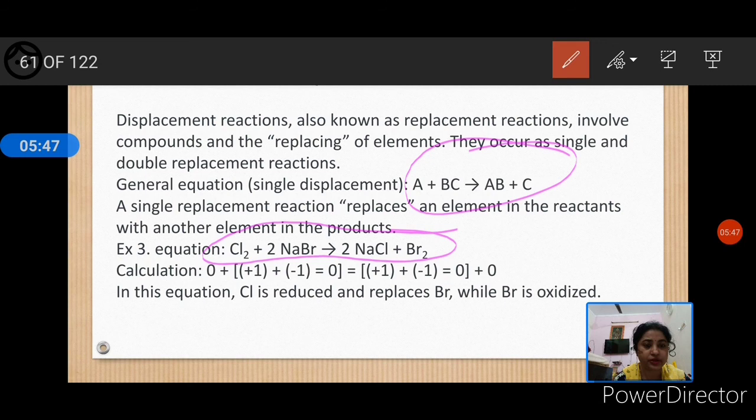Cl2 will be 0, sodium +1, bromine -1 in the compound, 2NaCl sodium +1, chlorine -1, and Br2, 0. So in this equation, chlorine is reduced and replaces bromine while bromine is oxidized.